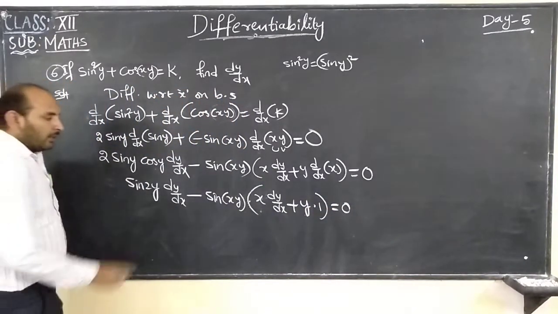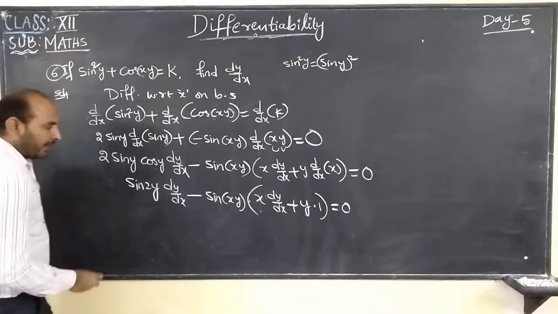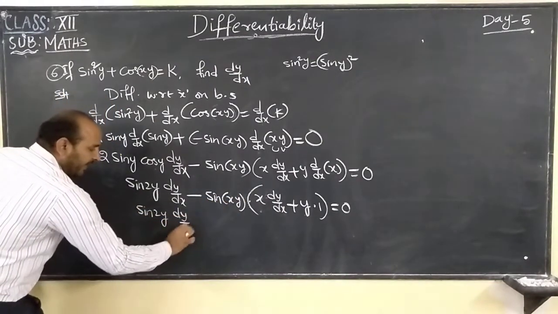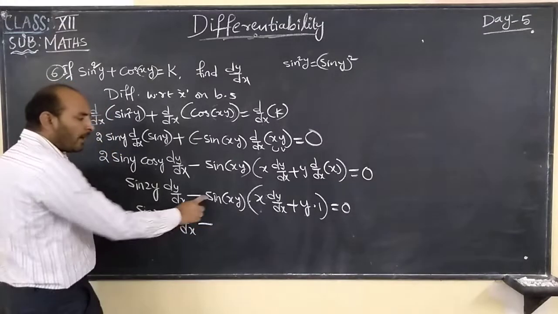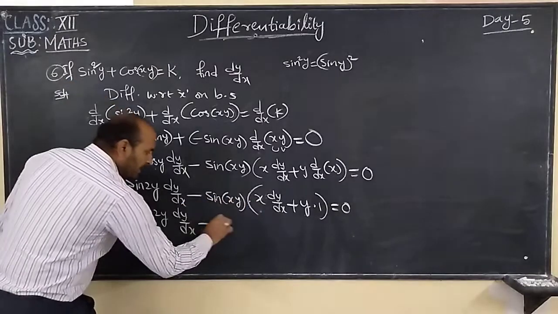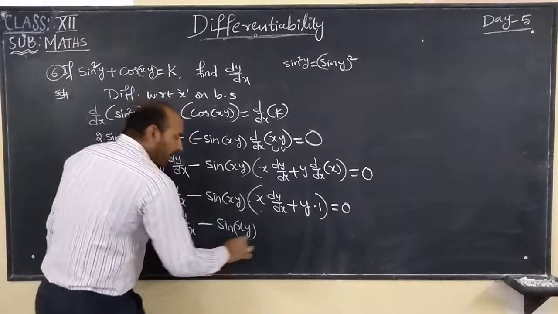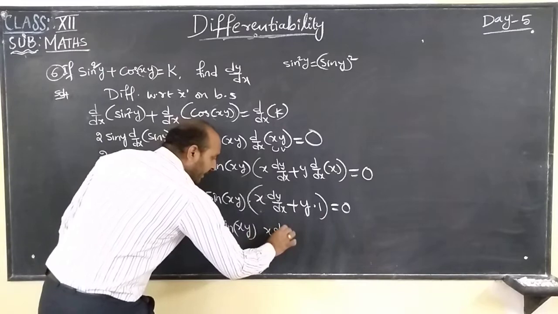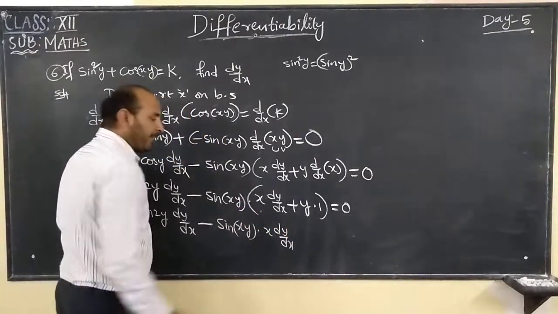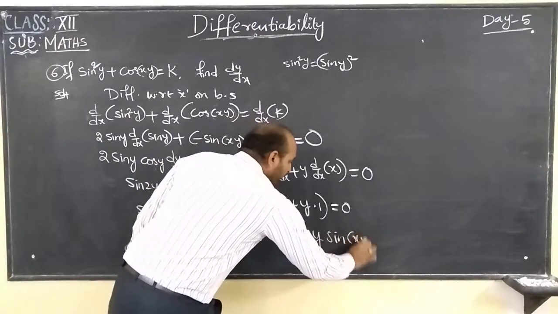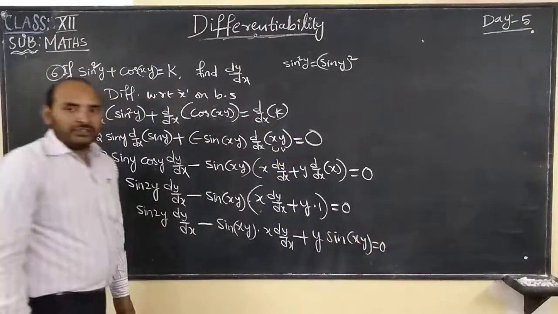Multiply each and every term: sin 2y dy by dx minus sin of xy into x dy by dx, plus y into sin of xy, equal to 0.